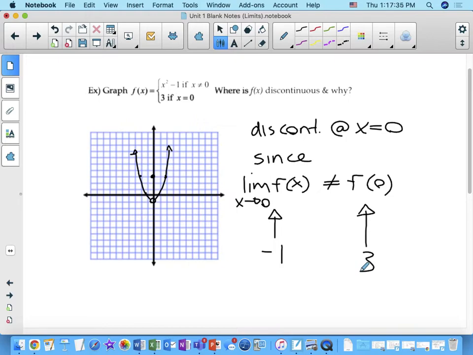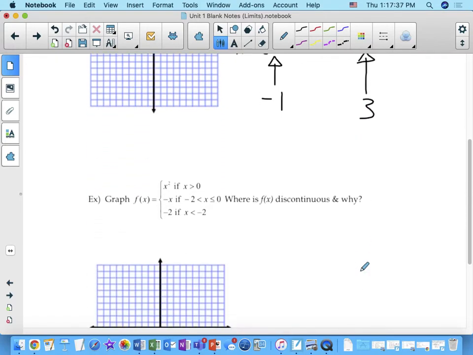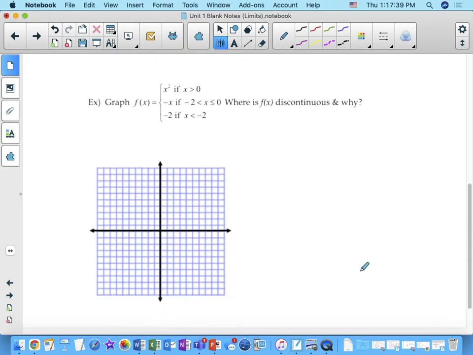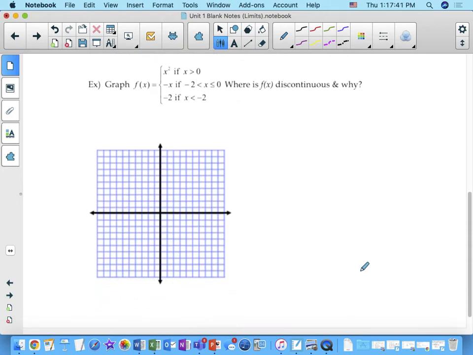Okay. Let's do another piecewise function. Graph f of x, if f of x equals x squared if x is greater than 0. Let's just do that part. If x is greater than 0, f of x looks like x squared. So that's like a parabola, right?